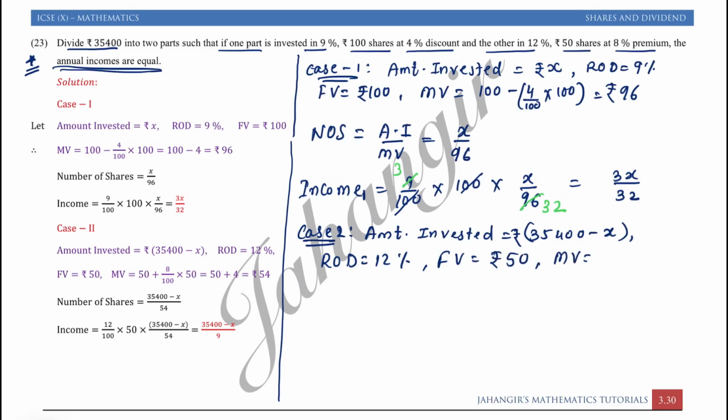So MV is 50 plus 8% of 50. So you can cancel, 1s are 2s are, that is 54 rupees.